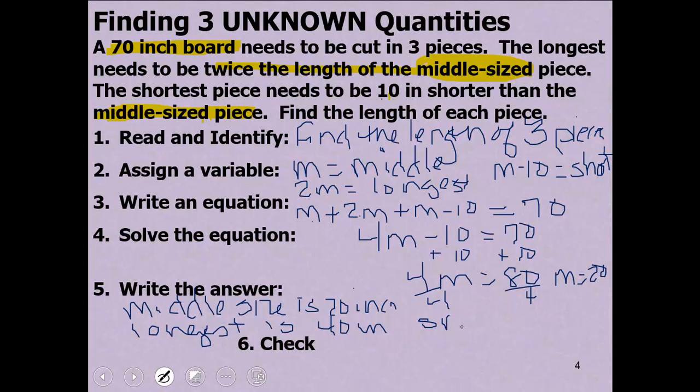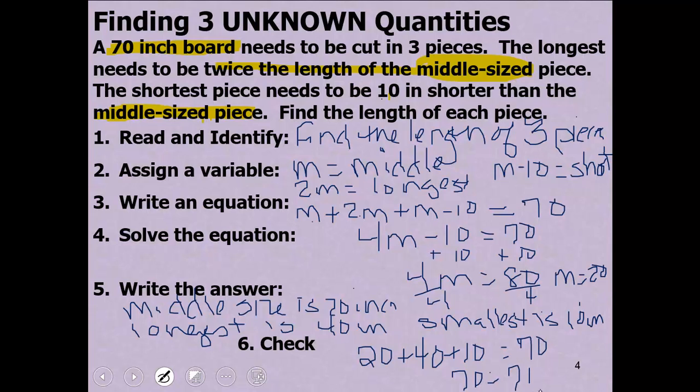And the smallest is 10 inches. Okay, because 10 is 20 minus 10. 40 is 2 times 20. So if I add all of these up, 20 plus 40 plus 10, it better equal 70. And it does. 70 equals 70. Okay?